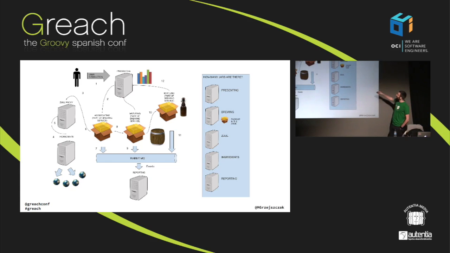Altogether we have 1, 2, 3, 4, 5 jars, plus, for example, Spring Cloud Config server is the 6th one, Eureka is the 7th one. We have to run RabbitMQ as well, so it's the 8th one. If I run it on my laptop, it almost melts. But the idea was to really have separate applications talking to each other.